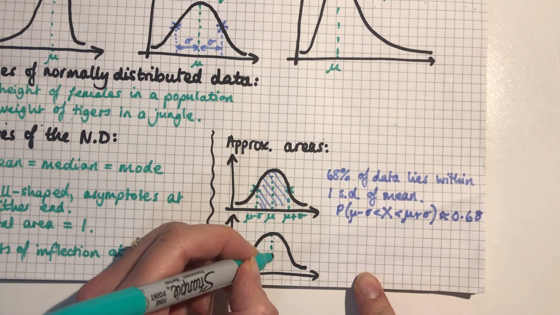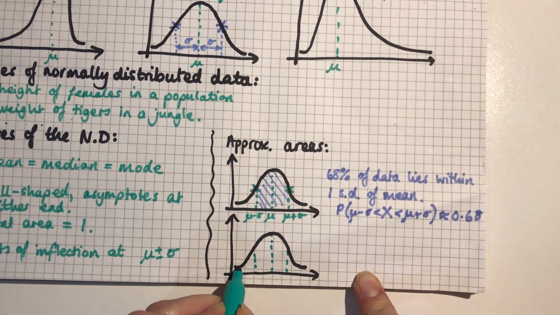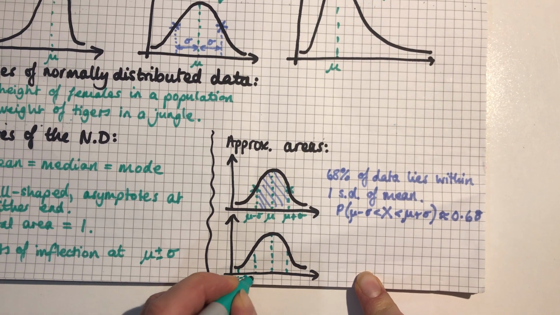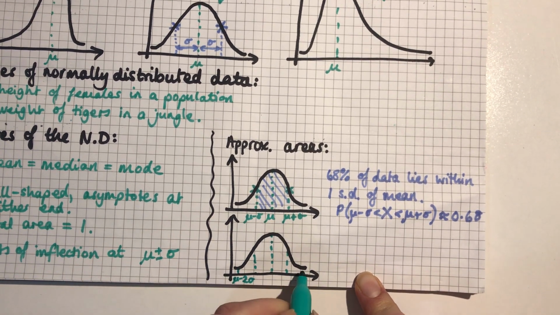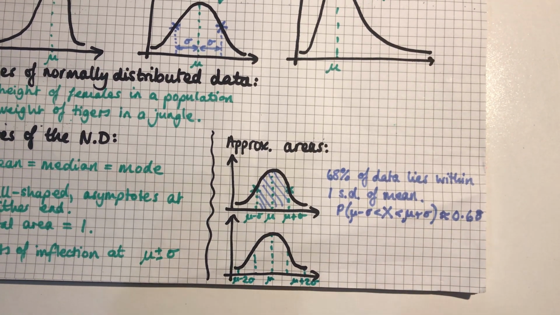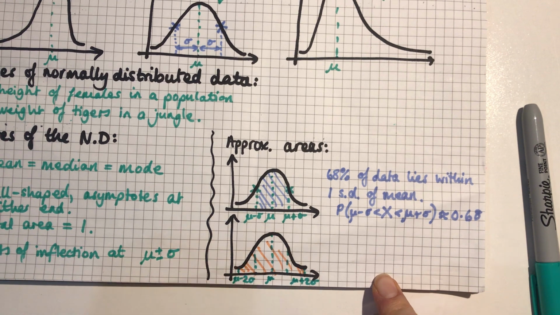And there's another 1 or 2 facts in a similar vein that are very useful for you to know. The first one is, instead of going 1 standard deviation away, if I go that same distance again, so about here, that's mu minus 2 sigma, and then the same distance along here, mu plus 2 sigma, and my mu is in the middle there, that's 2 standard deviations from the mean. So that's this area here.